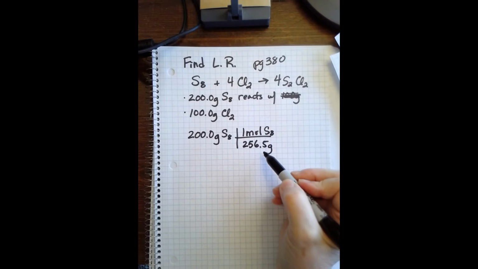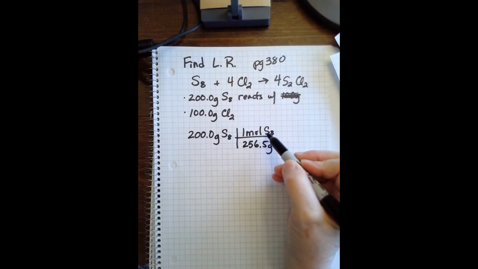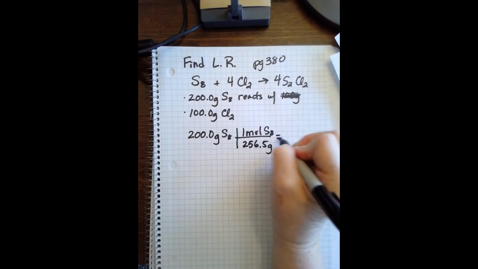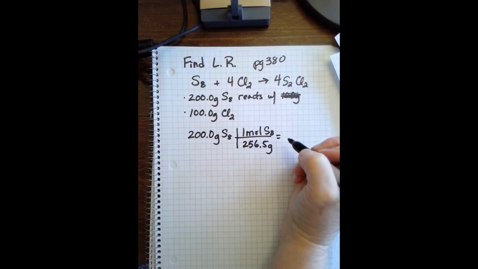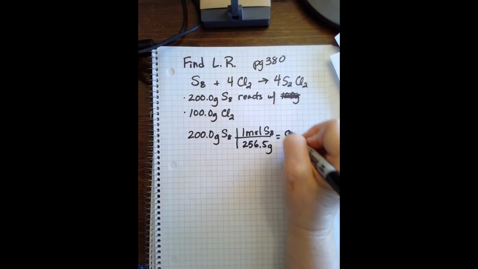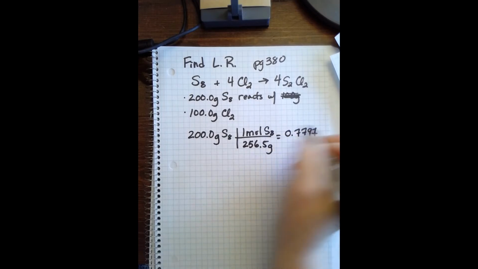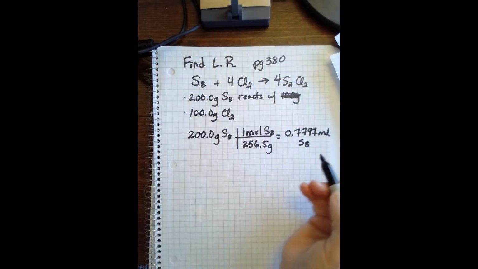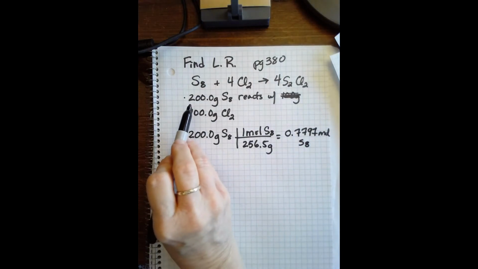So 1 mole has this mass because I took the mass of sulfur, which is 32.1, multiplied by 8 to get this mass. So we're going to calculate that as 0.7797. We can have 4 sig figs, moles of sulfur 8. That's how many moles I have from this 200 gram sample.